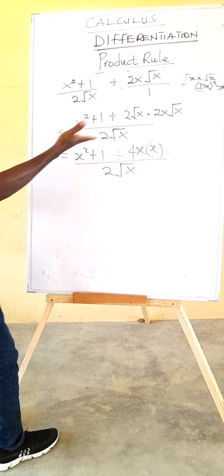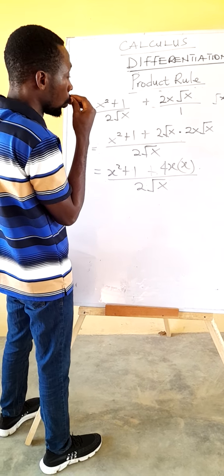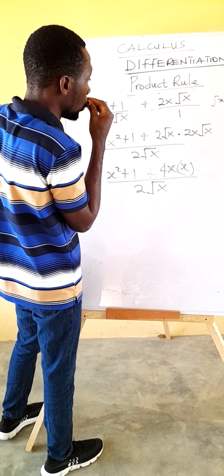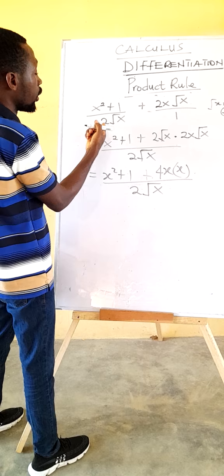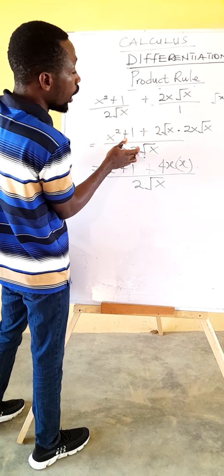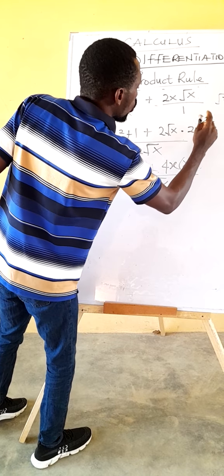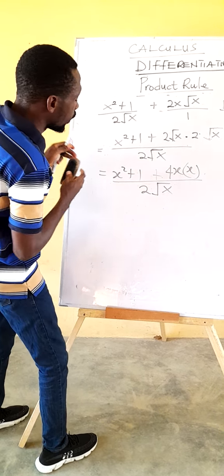Let's check it out and see if we are correct. Now the LCM is 2 root x. So if 2 root x goes here, it will be 2 root x, not 2x root x. So let's correct that.